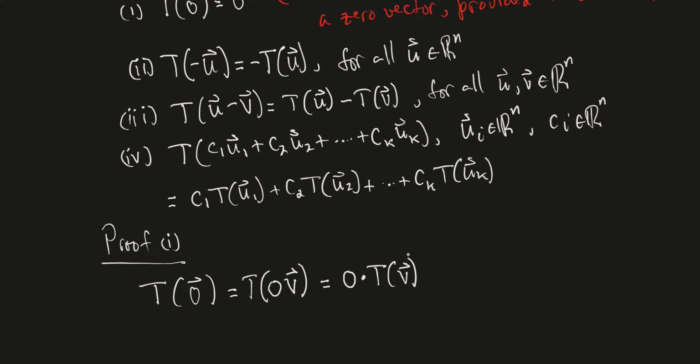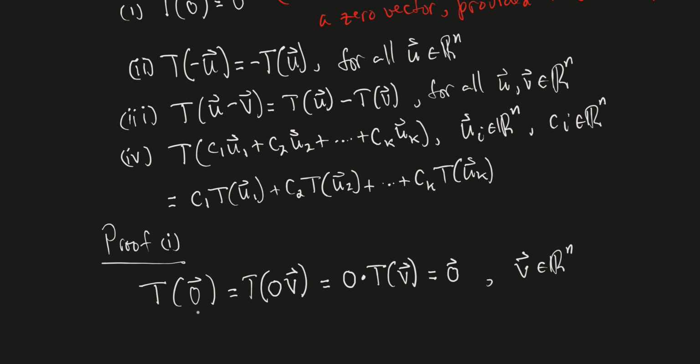No matter what the image of v is, if I multiply it by the 0 scalar, I'm going to get the 0 vector, and this one will be in Rm. So that's the simple little proof here, and this is true for any vector v in Rn.